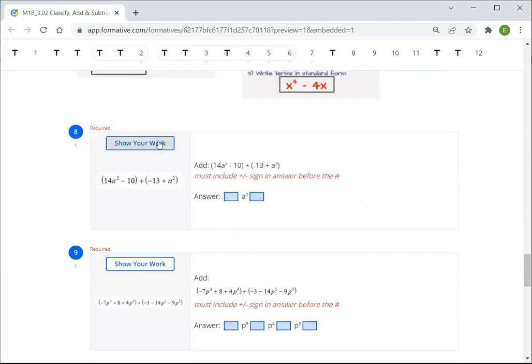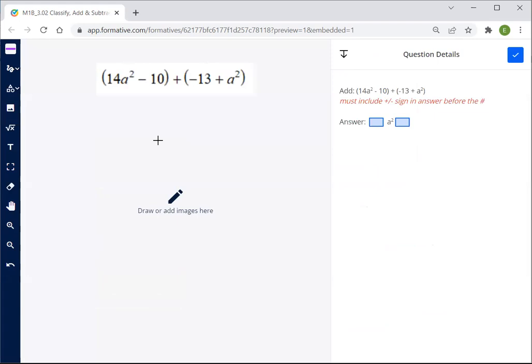So let's go ahead and look at the first example. We want to add these. So again, combine like terms. We see we have 14a squared and a squared. So remember that would be 15a squared.